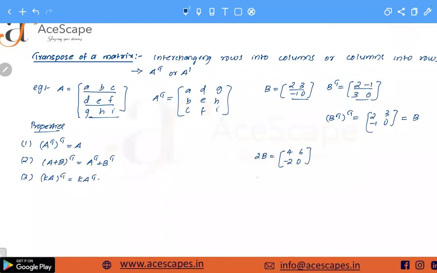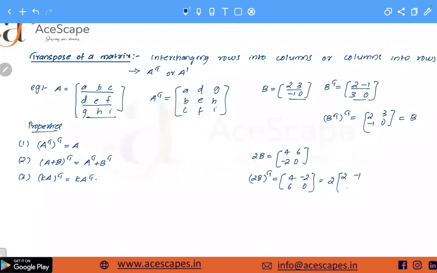If I take the transpose of 2B, it will be 4, 6, minus 2, 0 in transposed form, which, taking 2 outside, is 2 into the matrix 2, minus 1, 3, 0, which is equal to 2 into B transpose.